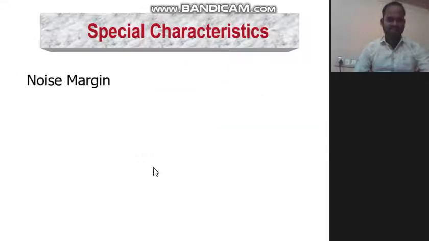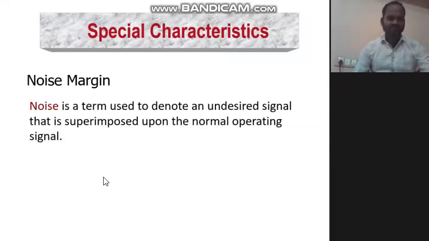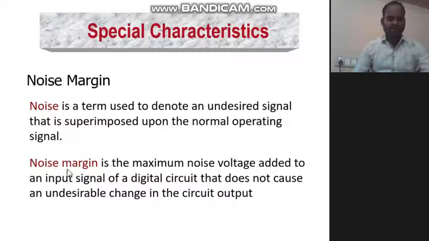Next one is noise margin. First, noise. Noise is the term used to denote an undesired signal that is superimposed upon the normal operating signal. The unwanted signals are simply noise.